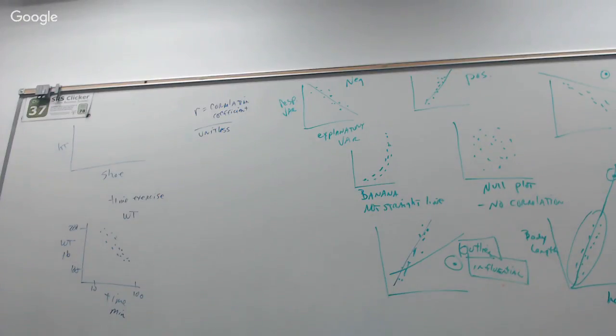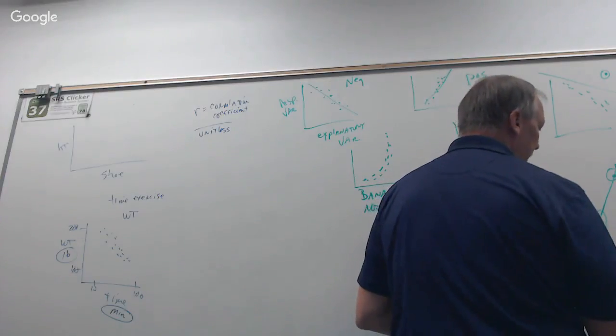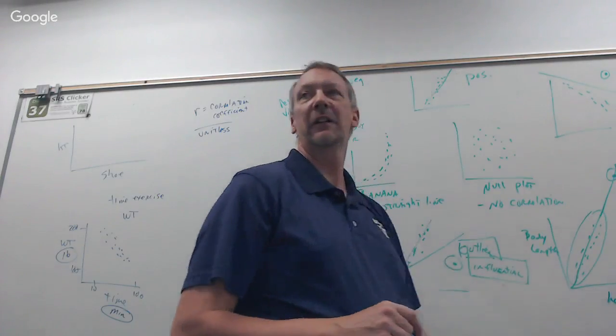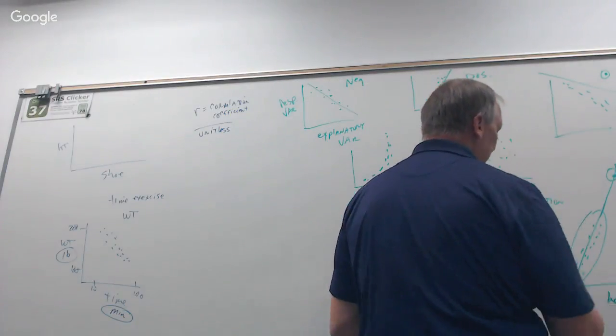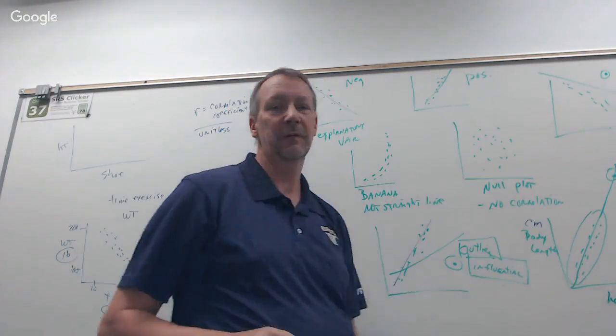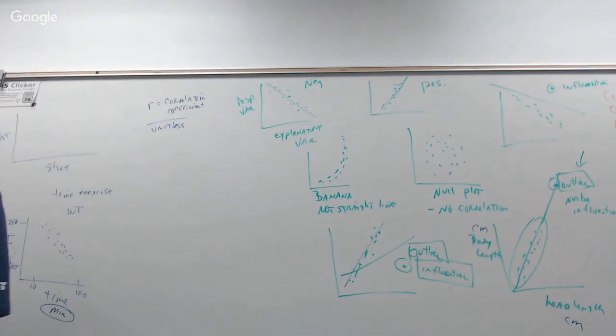So you can measure time in minutes and weight in pounds, and that's fine. They don't have to be the same unit at all. Now, in the case of the crocodile, if we were doing this in centimeters or meters or inches or feet or whatever, you'd probably keep them the same. So let's say we did it in centimeters and we did it in centimeters. That would be fine. So they can be the same unit, but they don't have to be. Does that make sense? All right.